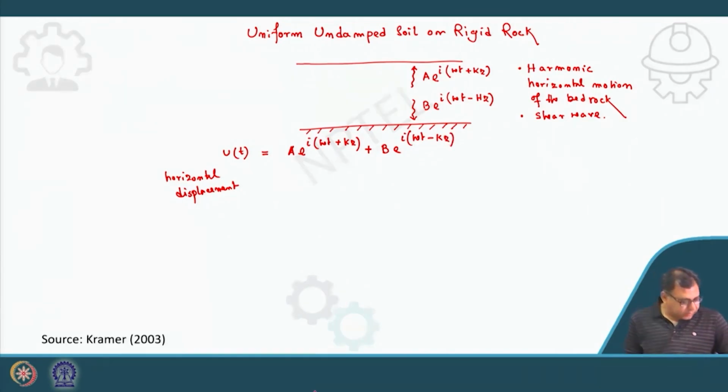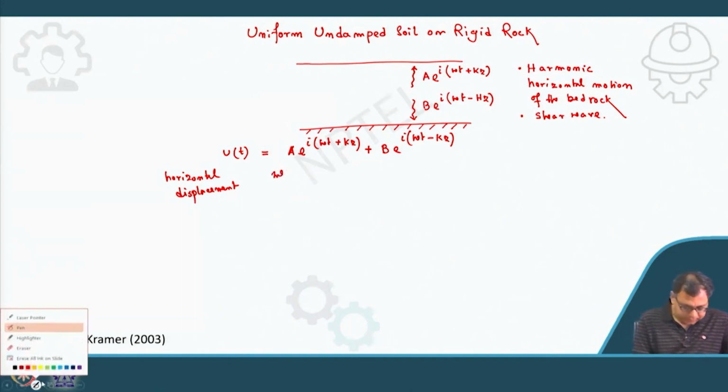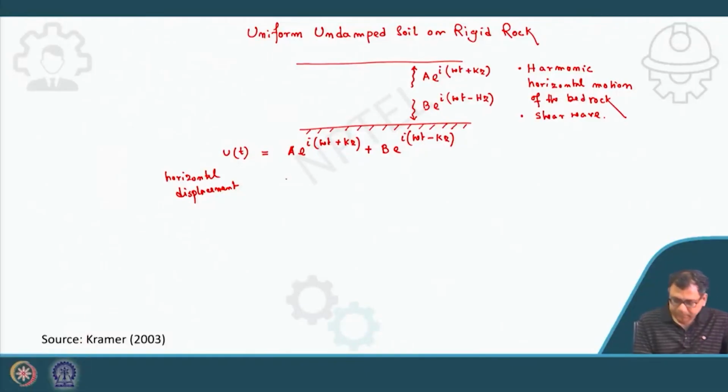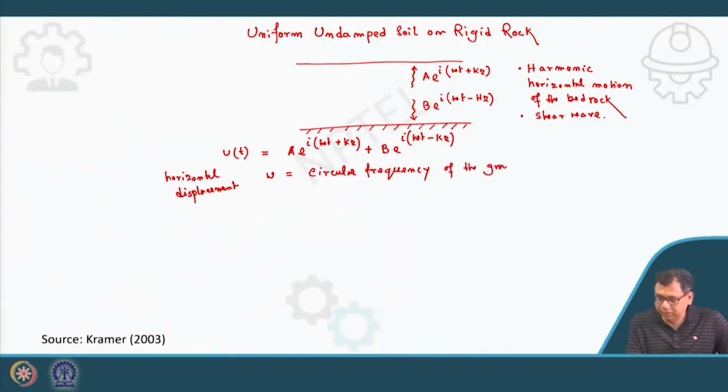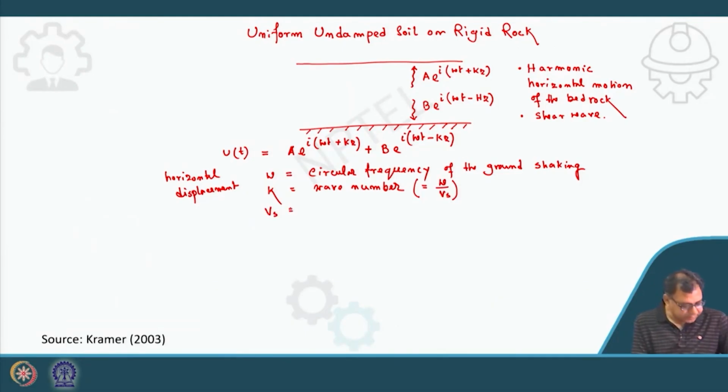Clear? So, now you know that ω is the circular frequency of the ground shaking, and k is the wave number, which is basically ω by Vs. What is Vs? Vs is the velocity of the shear wave.